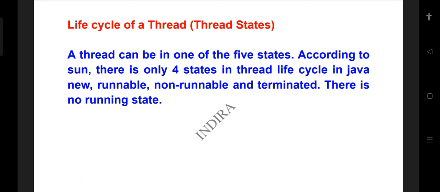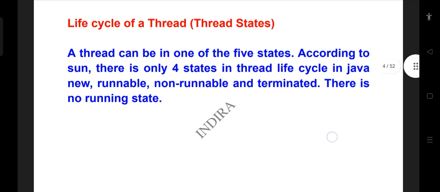The life cycle of a thread is nothing but the process by which a thread executes. The process of a thread executes in new, runnable, non-runnable, and terminated states. So the types of thread states are also new, runnable, non-runnable, and terminated.